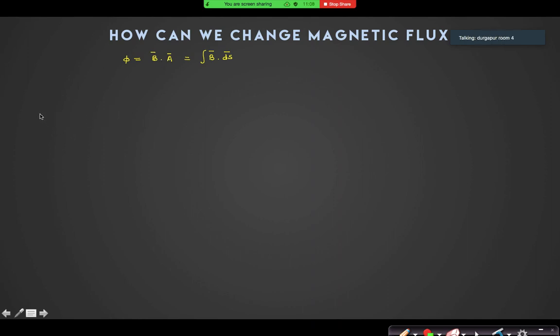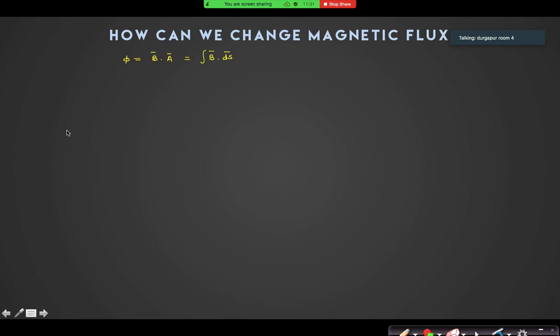Yes or no? These are the three major methods to change the magnetic flux. But again, there may be a method which is a combination of those three. So we will first discuss one by one with examples how we can change the magnetic flux.